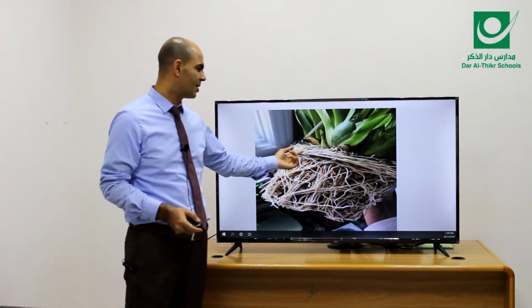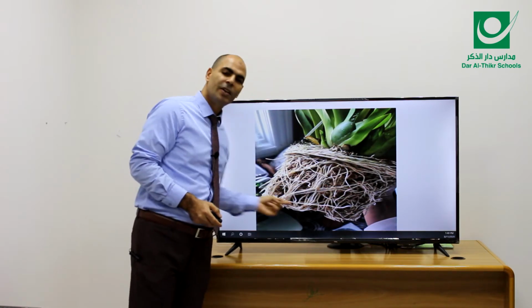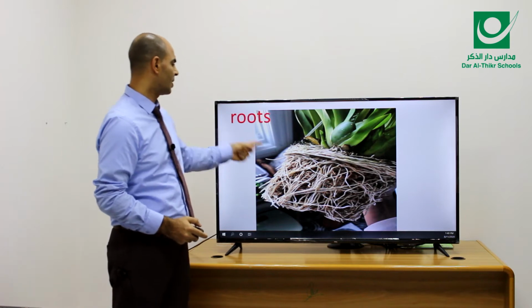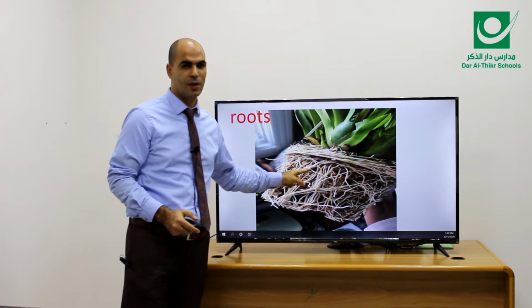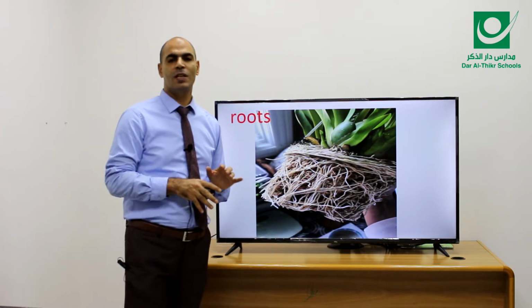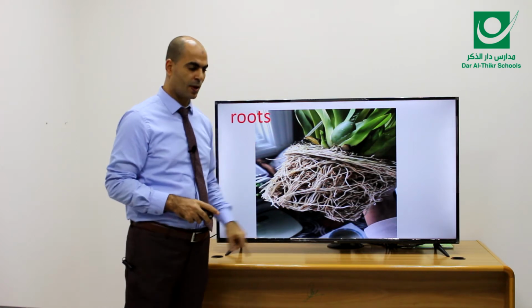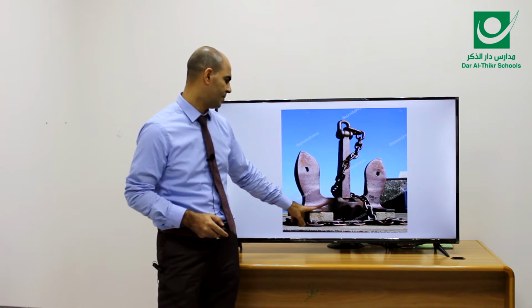As you can see, here is a plant and we have roots. Okay, so these are roots. Each and every plant in the world has roots. Next, look at this.